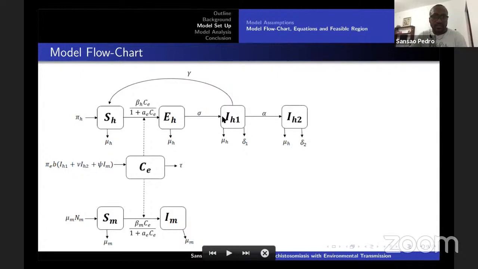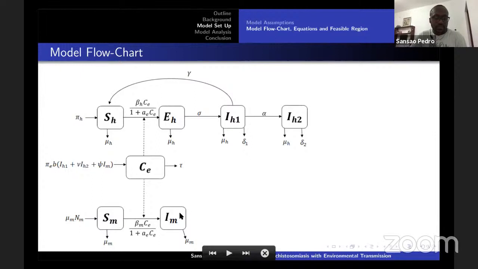But some of these individuals will recover with a temporary immunity, and they will again become susceptible to infection. Then the concentration of Cercaria is contributed by all the infective compartments, the infective 1, infective 2, and the infective non-mammalian, whose dynamics are represented here.